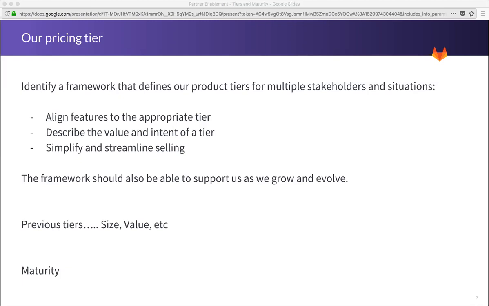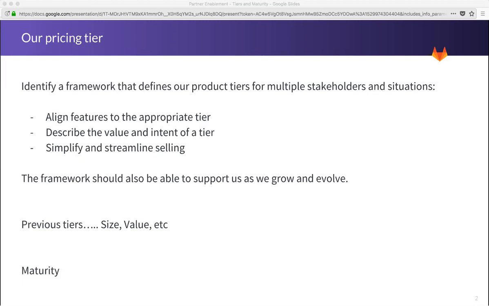This is also valuable for our product team in guiding them in the future what features make sense where. So with that goal in mind, and additionally that this is something that grows with us and that we can evolve as we evolve the product, we set out to figure out what is the right way to do it.